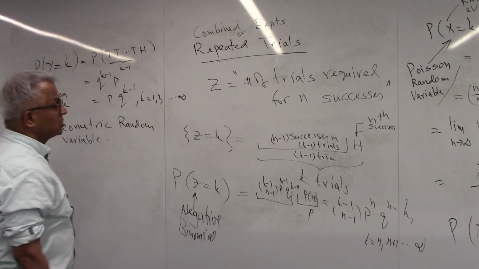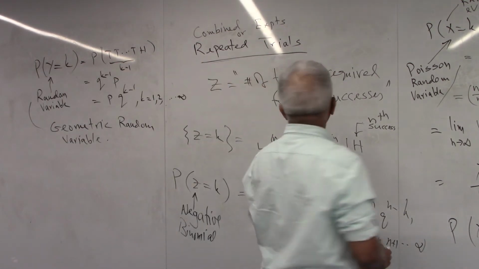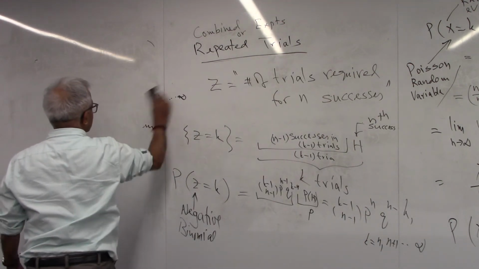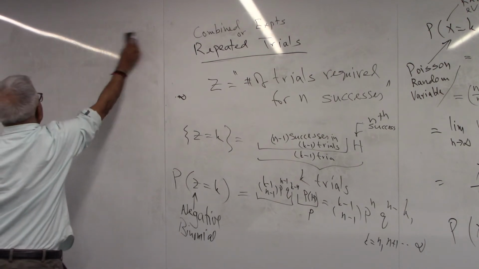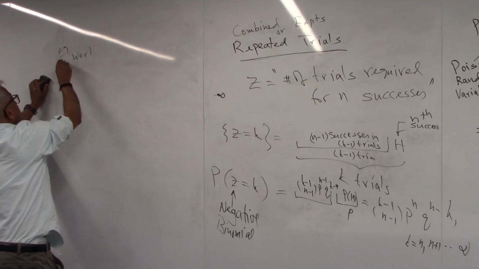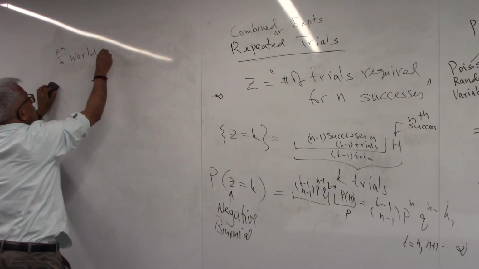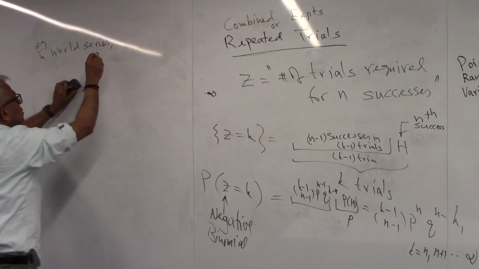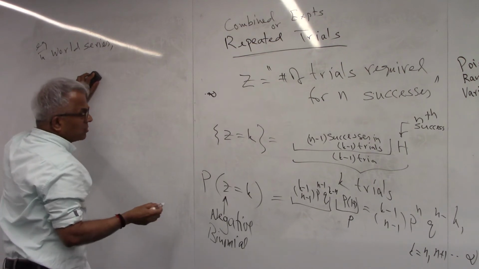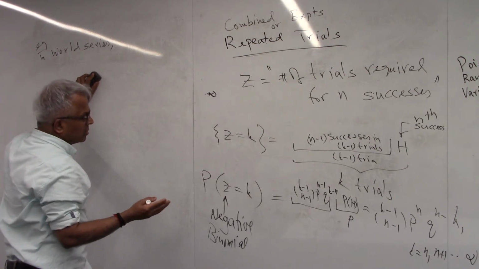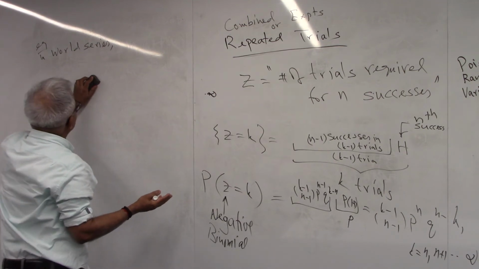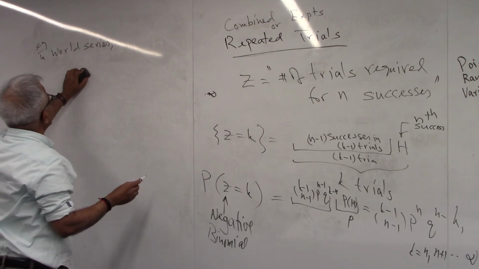So we can use this last one to analyze an interesting problem. Let's say in a World Series, winning is decided by the team which wins 4 games, the fourth win among n games.